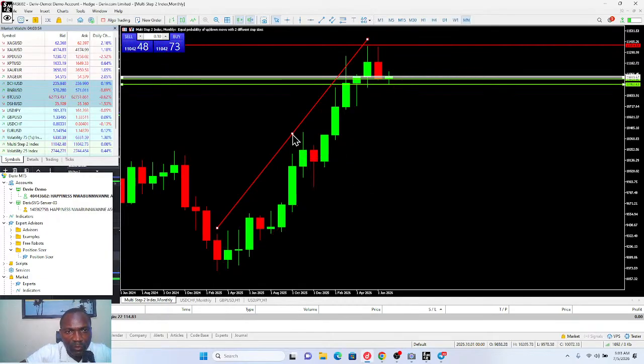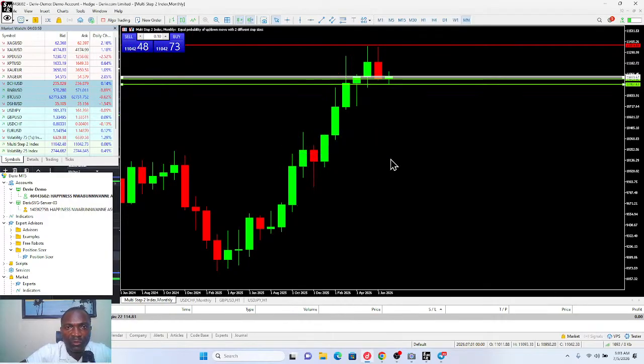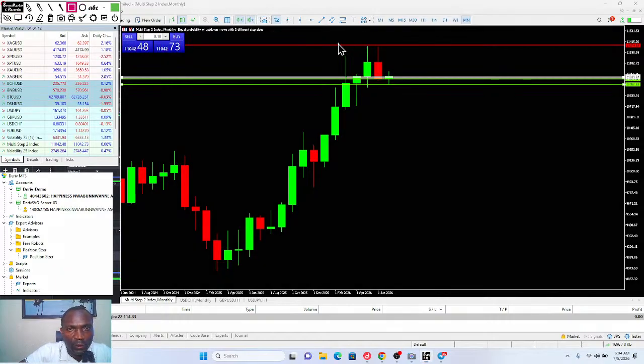Now, looking at the market structure, to be able to know that it's an uptrend, you need to see higher highs and higher lows. From this pattern, you can see a higher high right from here. This is a pattern.